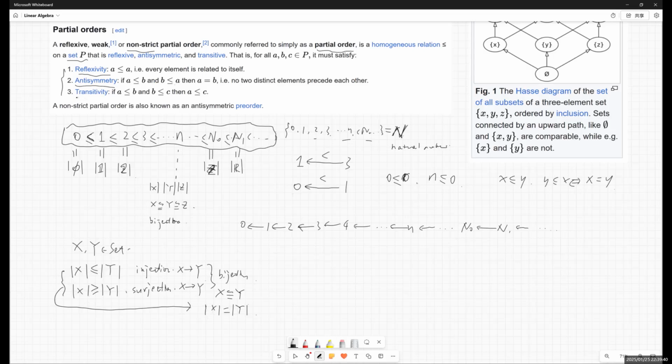And the third one is transitivity. Transitivity of X, Y, Y, Z. That's simple, right? Here we have 1 less than or equal to 3 because we have 2 as an intermediate item. So if 1 is less than or equal to 2 and 2 is less than or equal to 3, we have 1 less than or equal to 3.